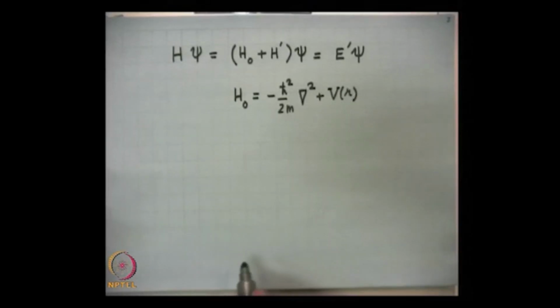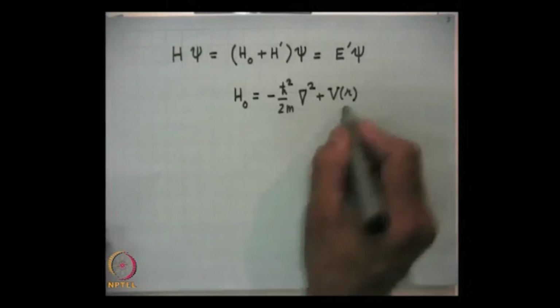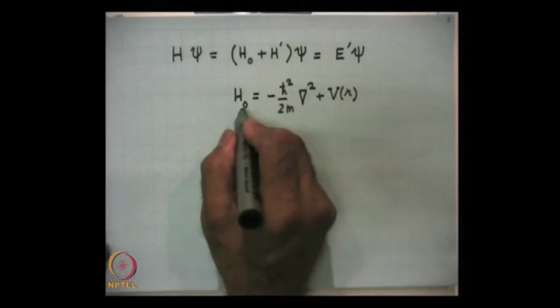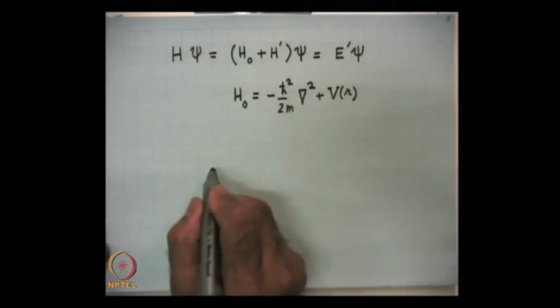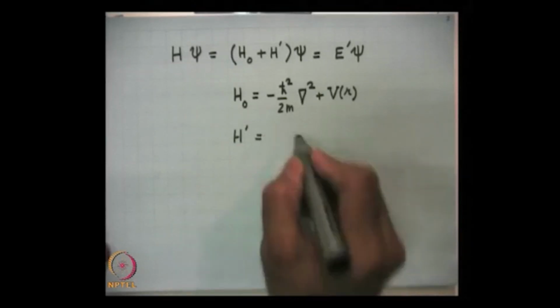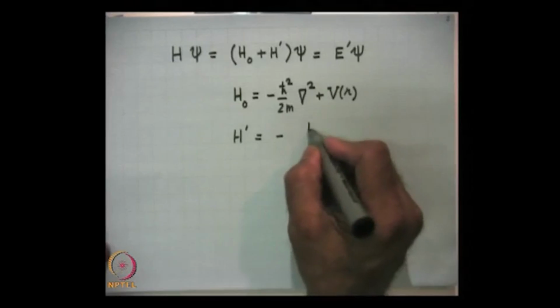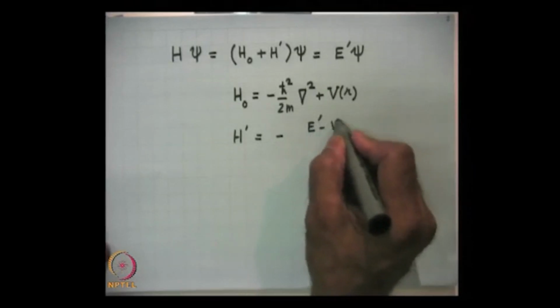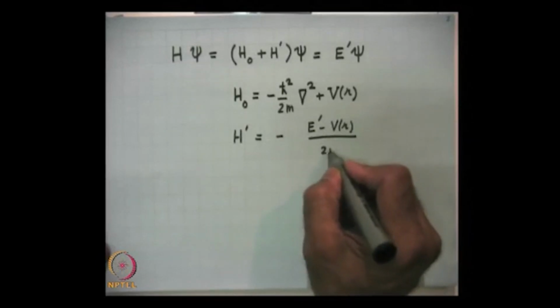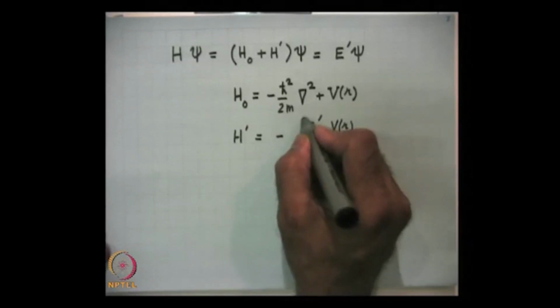And for the hydrogen atom problem, I know the solution of the eigenvalue equation for H naught, and my H prime was equal to minus (E prime minus V of r) by 2 m c square, and the numerator was squared.